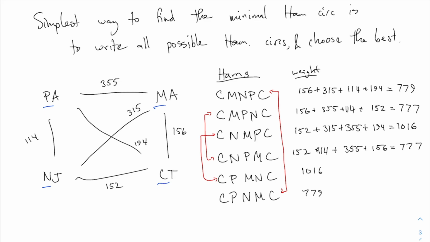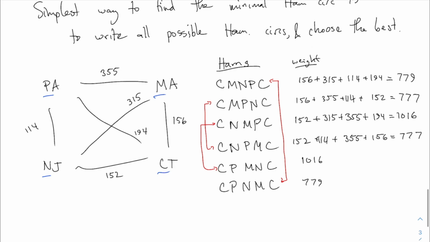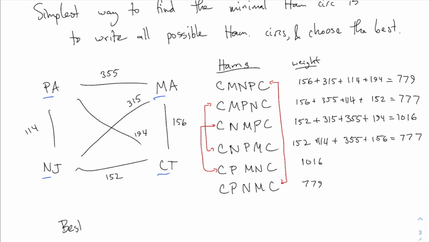All right, anyway, what's the best route then? It's that one with the 777. So the best route is, this is real useful information, for me at least, and nobody else. 156, so it's C, M, P, N, C. Or, if you prefer, the opposite direction.